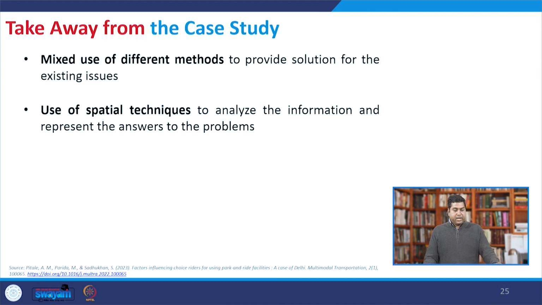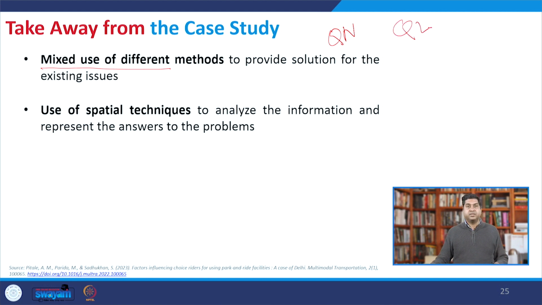Now coming to the takeaway from this case study, definitely here we have seen one application of spatial analysis, but at the same time you can also treat it as a mixed method, where we have used GIS and scoring as a quantitative analysis, and the criteria weight derived from AHP as a qualitative one.